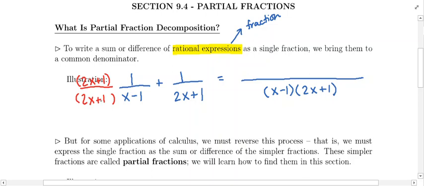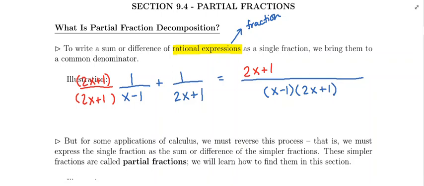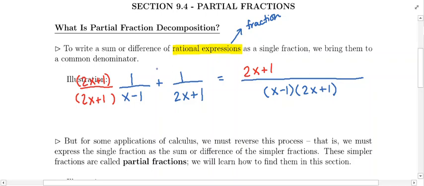If you multiply across the bottom, we end up with the correct denominator, and across the top, the new numerator is 2x plus 1 times 1, which is 2x plus 1. We keep the plus sign in the middle.